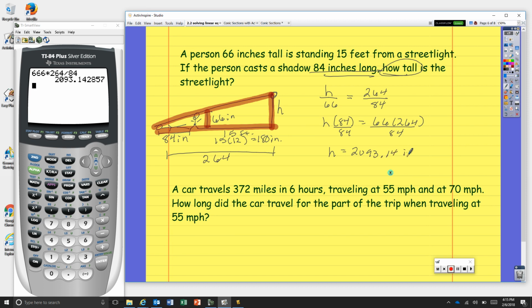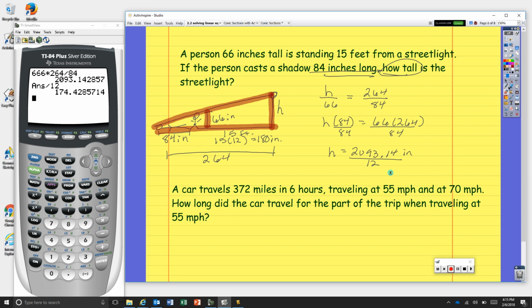2093.14 inches. If I want to see if that's reasonable, I want to divide it by 12 so I can see my height. Oops. Actually, I'm off by a decimal because I put 666.